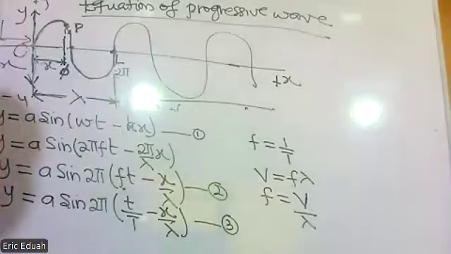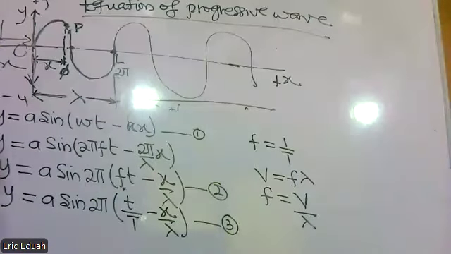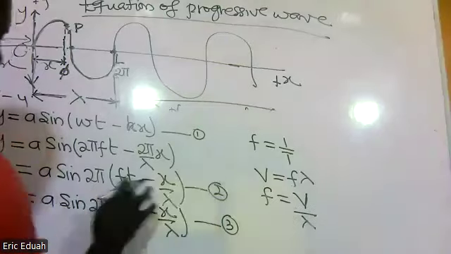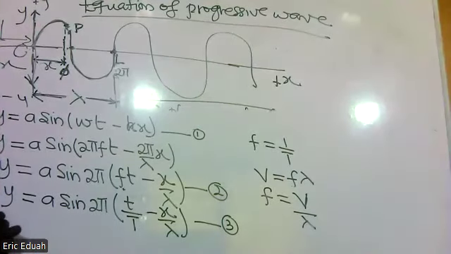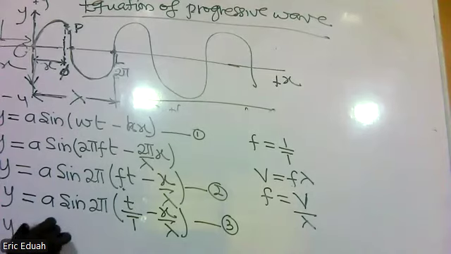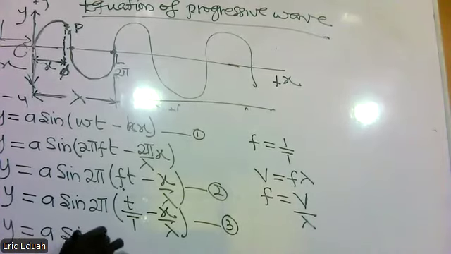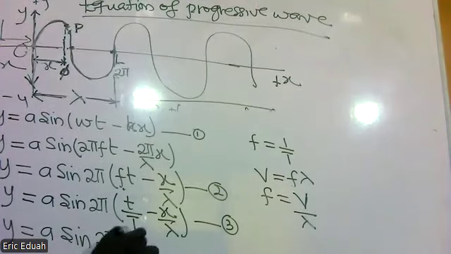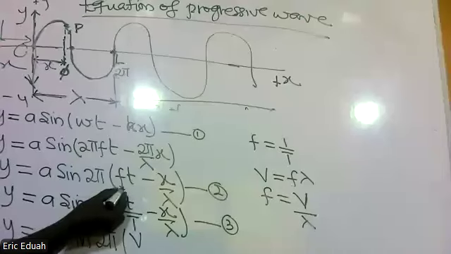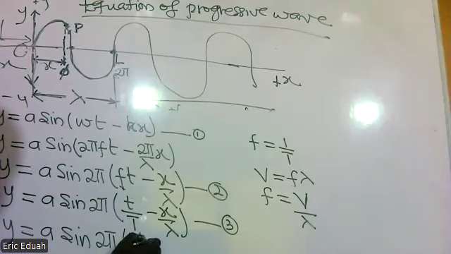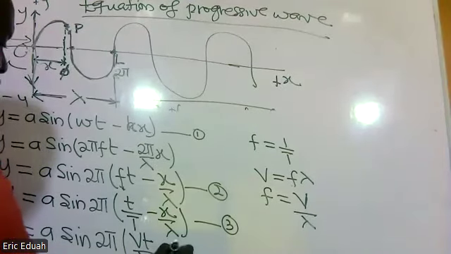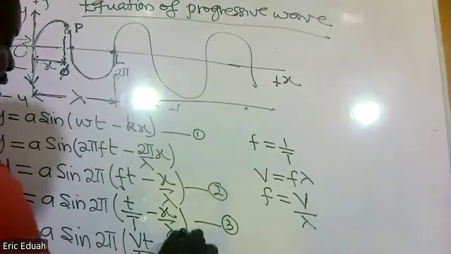So when you substitute v over lambda in place of f, you have y is equal to a sine 2 pi, v t over lambda minus x over lambda.